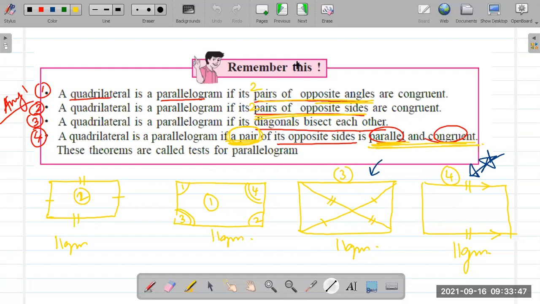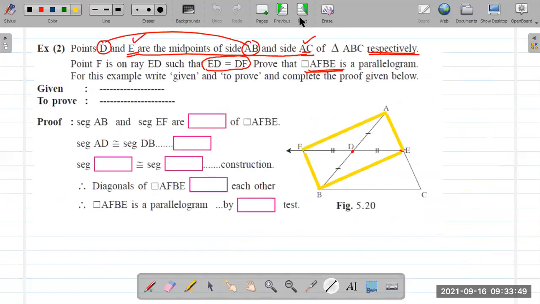So in the diagram itself, you will be given a lot of hints. You can write out somewhere that we are going to use the property of diagonals. If the diagonals bisect each other, then it's a parallelogram.